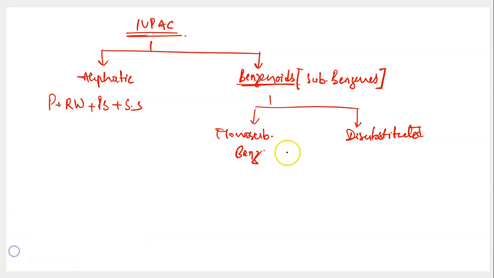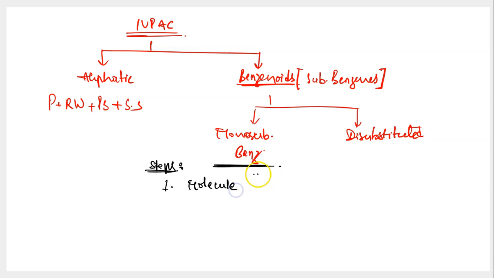So let's get started with the first one, mono-substituted benzene. While you're naming mono-substituted benzene, there are just two things that you need to keep in mind. You can consider these as steps. There are only two steps that you have to consider. The very first step is, in order to name a mono-substituted benzene, you observe the molecule that you're talking about.